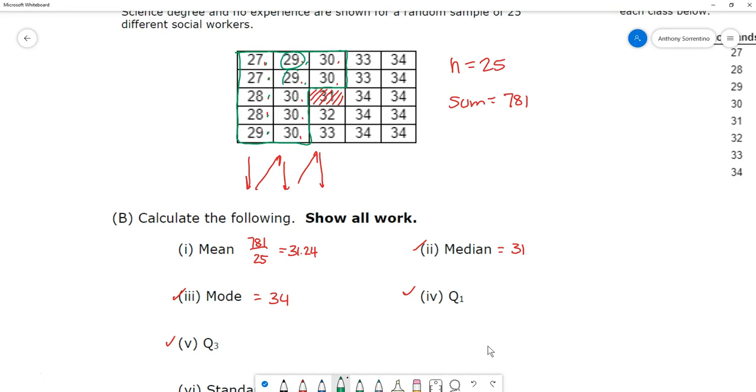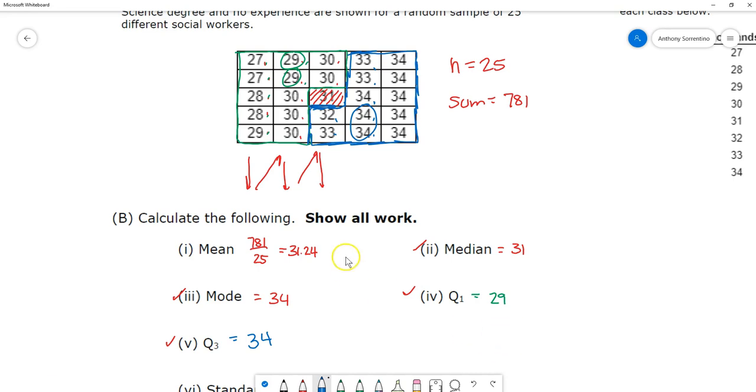Since they're the same number, and I've averaged them together, it's 29. For Q3, I'd be looking in this group of numbers over here, the higher end. And again, I'll be looking for the 6th and 7th term there and finding their average. So 1, 2, 3, 4, 5, 6, 7. They're both 34, so their average would be 34 as well.